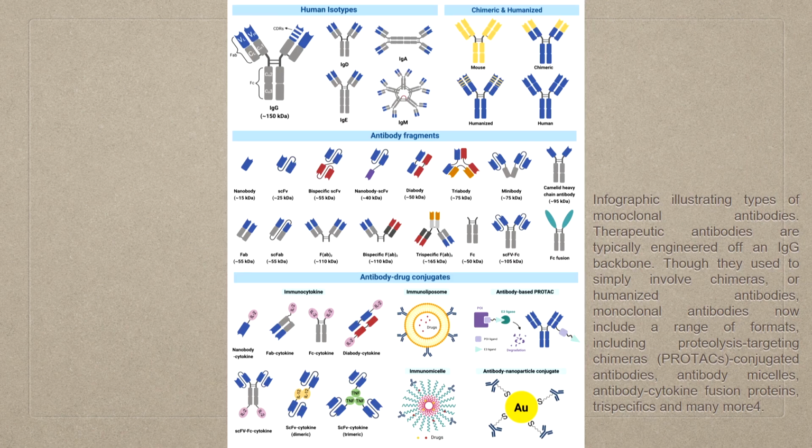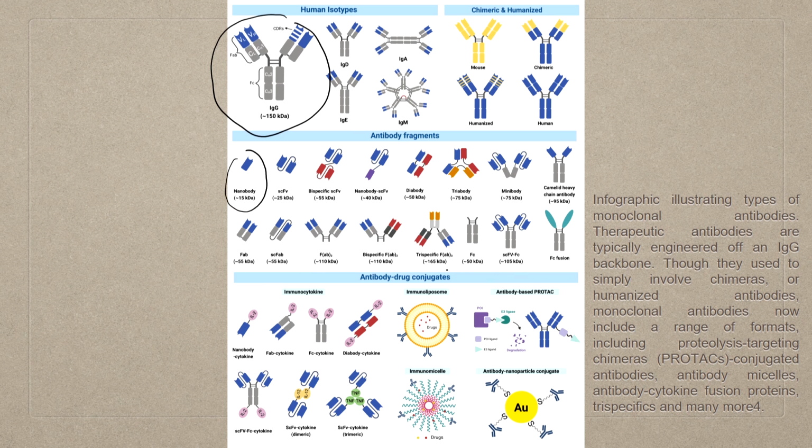Adding up to that, I wanted to add this slide because there are a lot of terminologies which are coming up. So when I was talking to you about antibodies, this is how the antibody looks like. It has the heavy chain, light chain, variable heavy chain, variable light chain. Now, there are terms like nanobody.